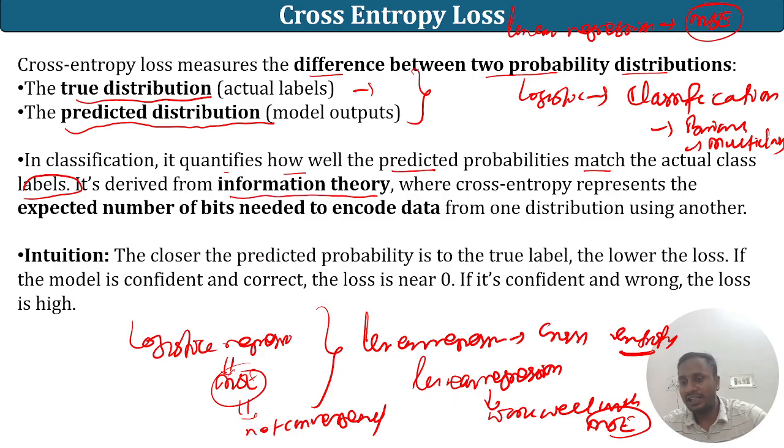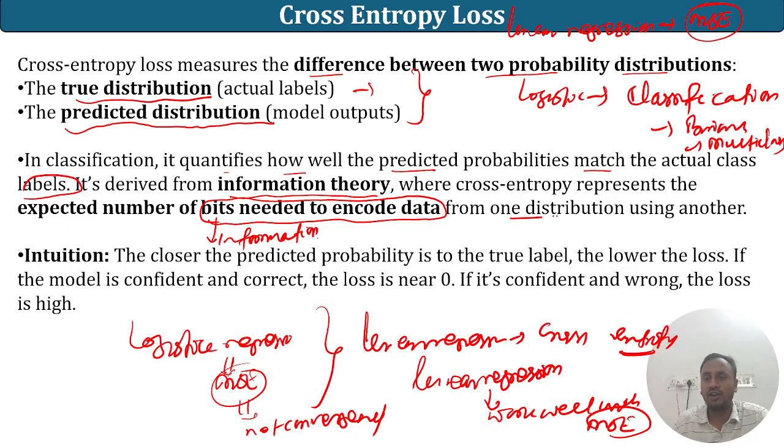Based on whatever information we have, how well can we classify, or what is the probability, and how well can we quantify it. Cross entropy represents the expected number of bits needed to encode the data. Bits are something we call information.